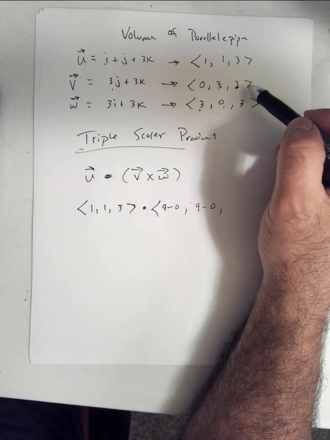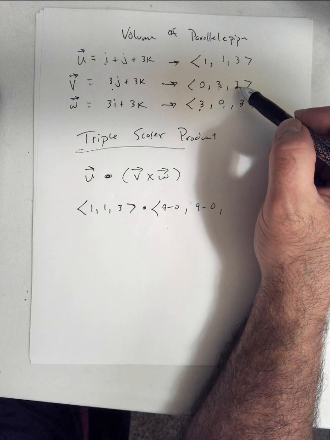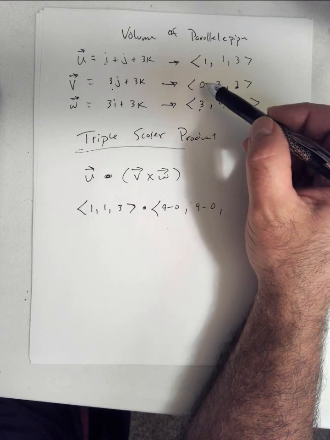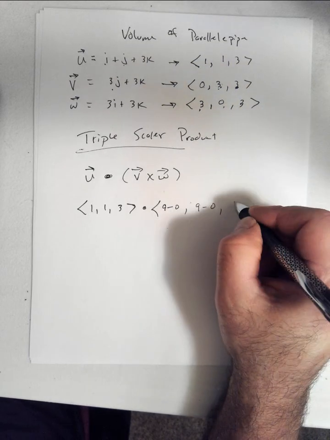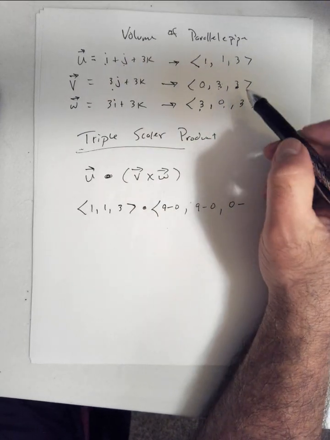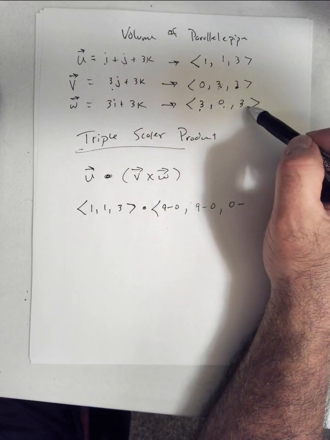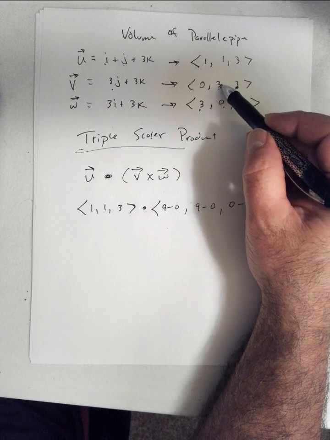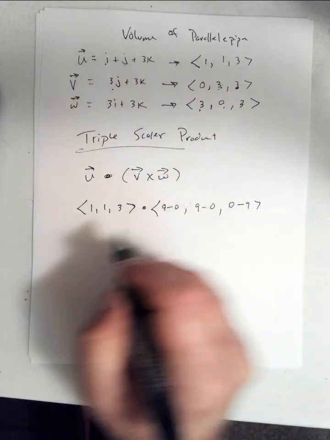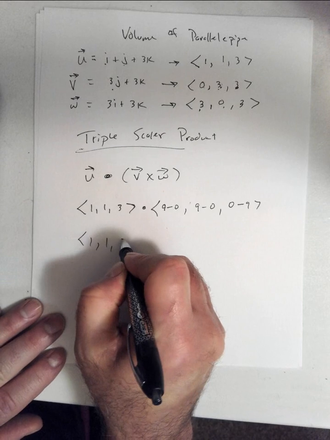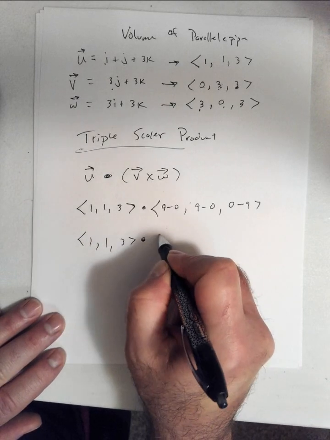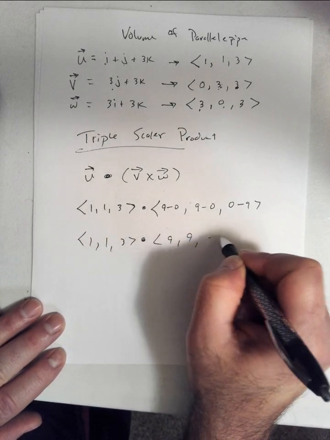And then the last coordinate in the cross product is the first times the second, which is 0, minus the second times the first, sorry, which is 9. So we have 1, 1, 3, dot, 9, 9, negative 9.